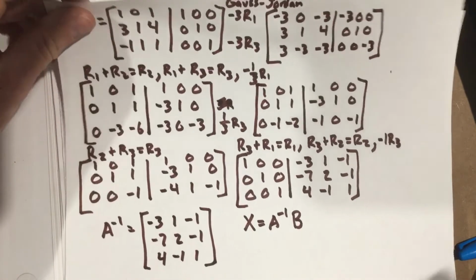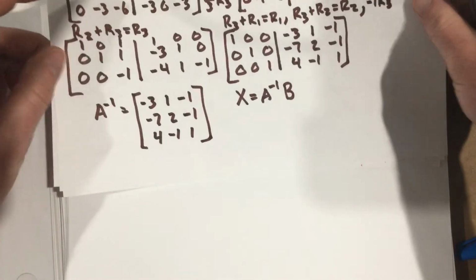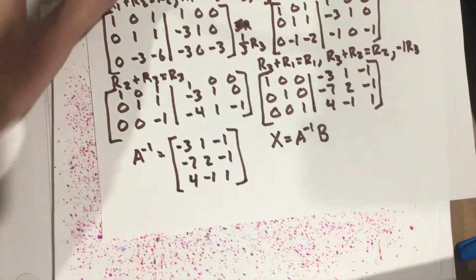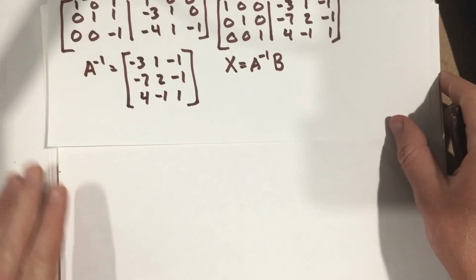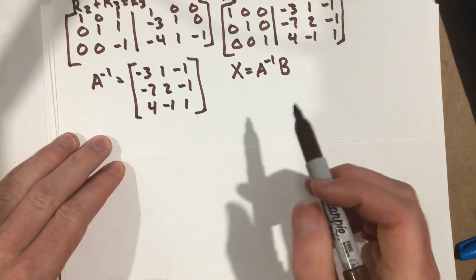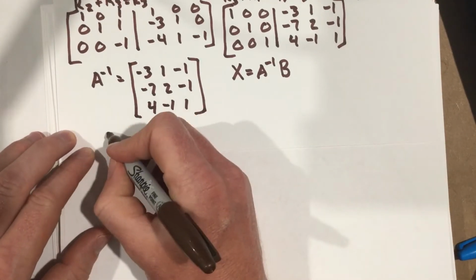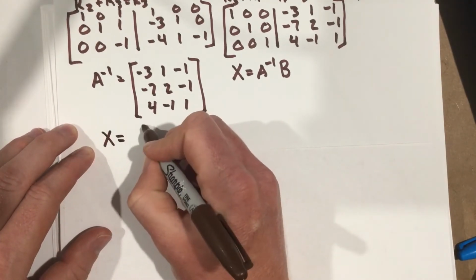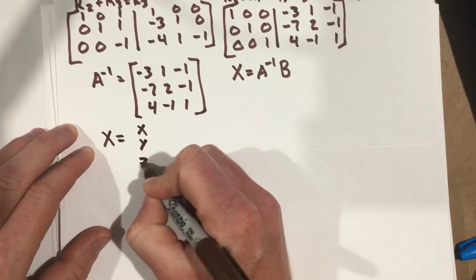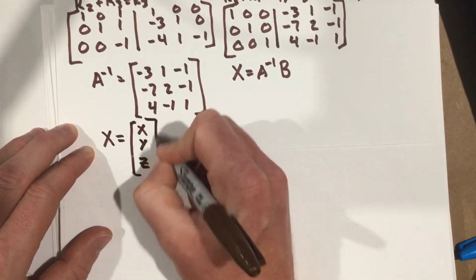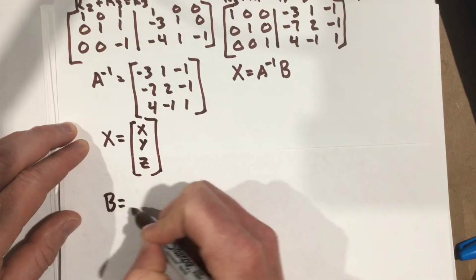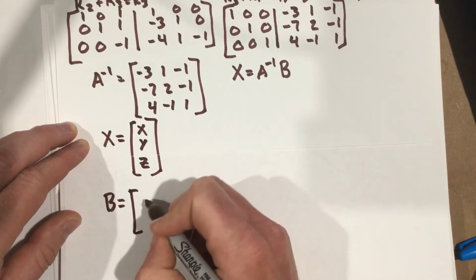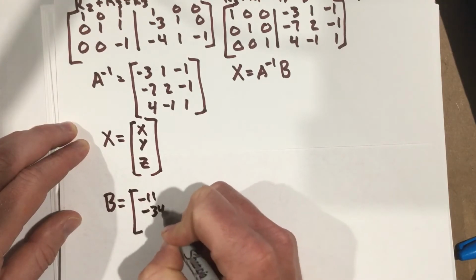So we're going to give ourselves a little room here. Let's write down the equations that we have so far. We know x is x, y, z. We already have A inverse, and we know B is -11, -34, -5.